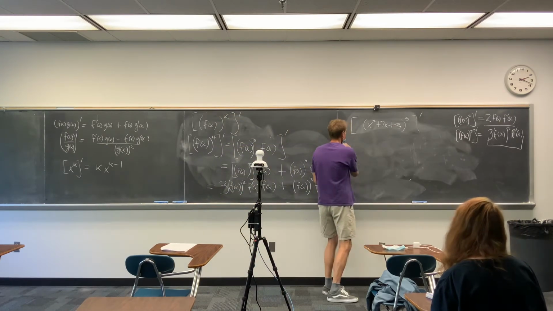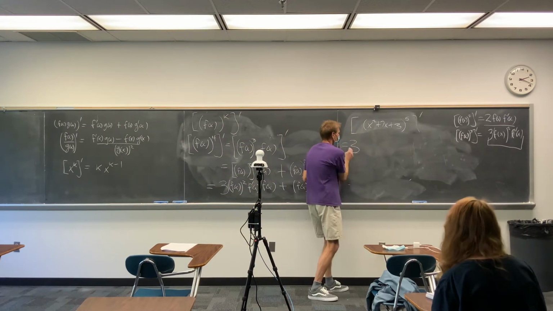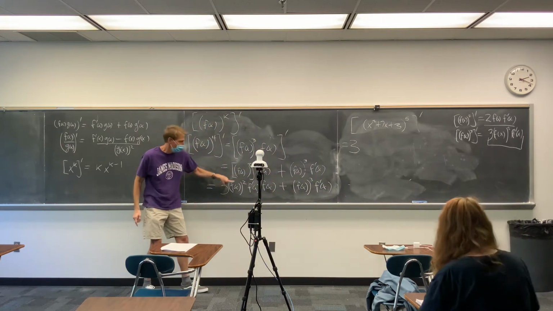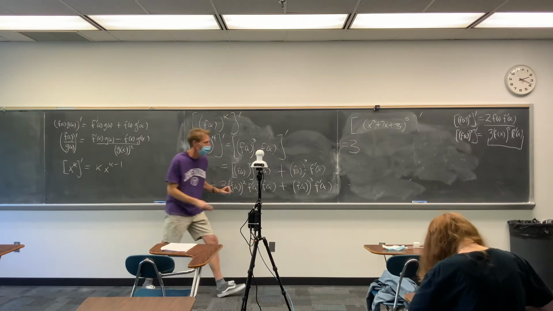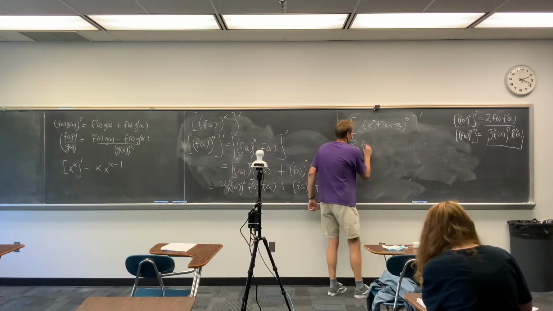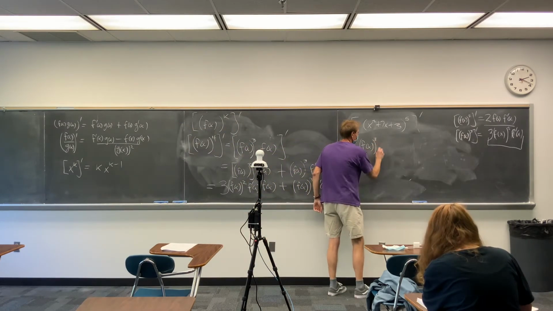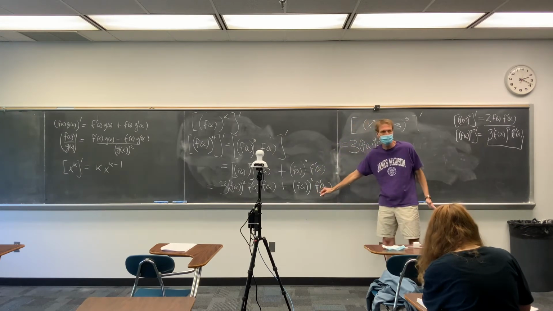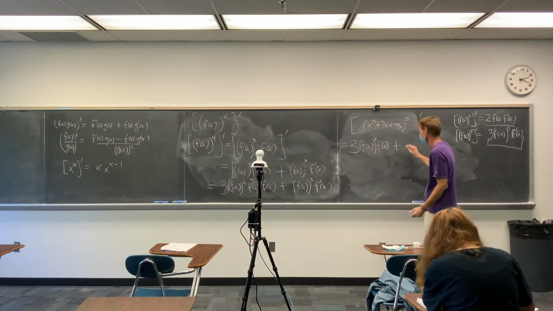So now we're going here. So I would have 3 f of x to the third times f prime of x, plus the other term.